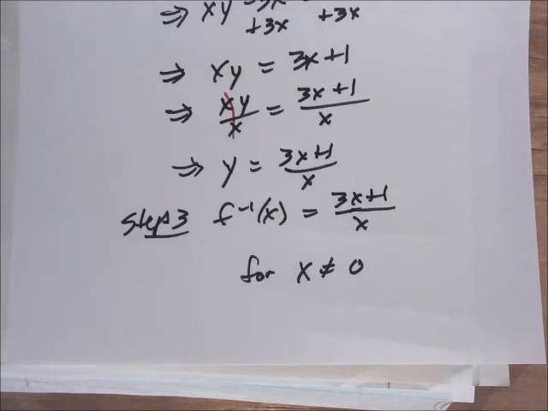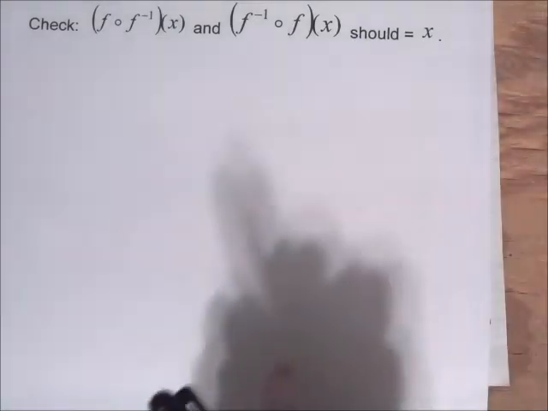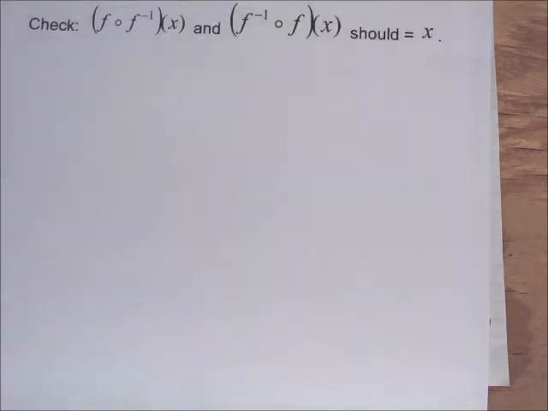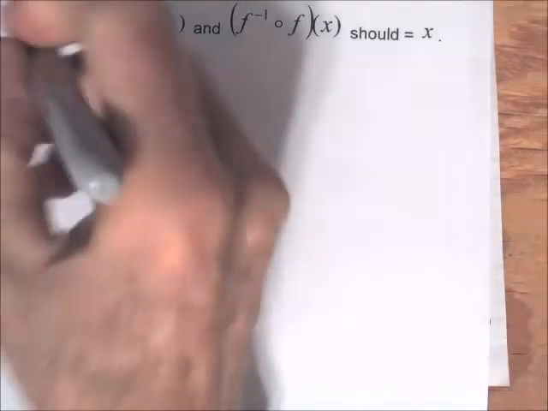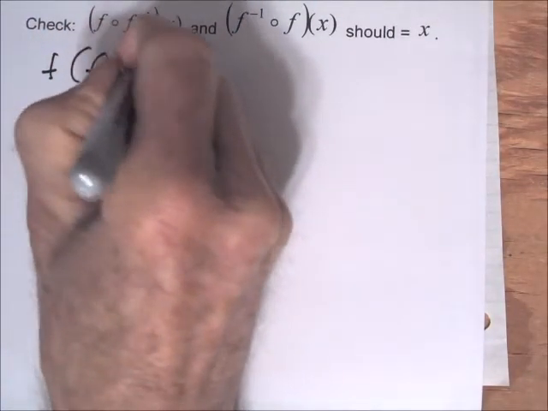One of the properties of inverse functions is that if you compose a function with its inverse, you get x. So let's see what happens if we compose this function with its inverse, so f of f inverse of x.